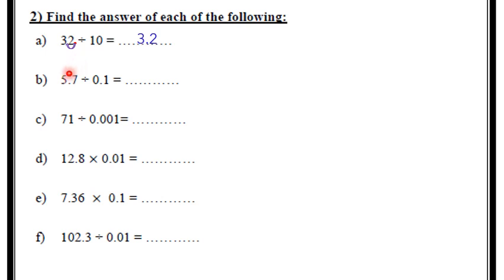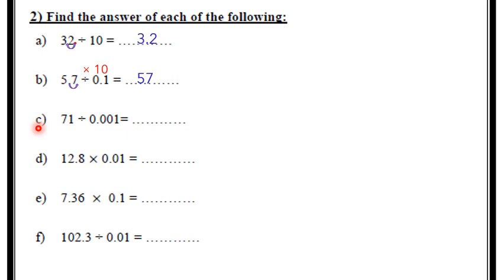The next, we have here 5.7 divided by 0.1. Here, this is a crazy decimal, so I will write above the number times 10. So divided by 0.1 is as times 10. And any number times 10, I'm moving the decimal point 1 place to the right, so it will be 57.